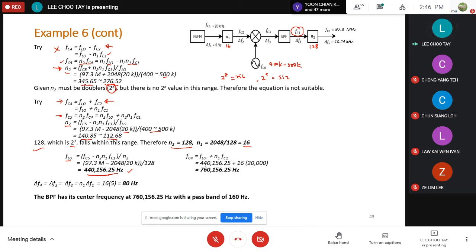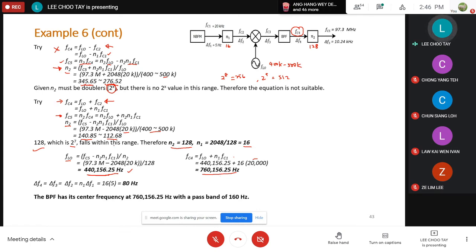FLO is 440156.25 plus N1 FC1. FC2 basically is N1 FC1. So N1 is 16, FC1 is 20k. So that will give you a FC4 of 760,156.25 Hertz.